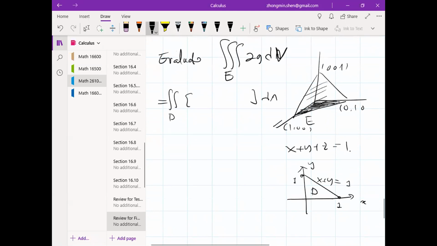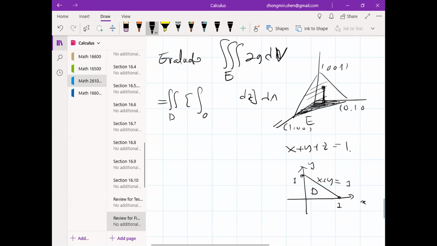For each point in the domain D, you draw a vertical line. This line segment is inside the solid. Then you have to determine the lower bound for z, which is 0.